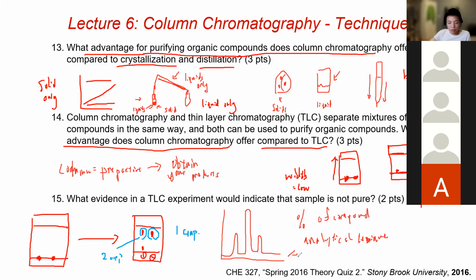Yeah, GC is quantitative. But column would be qualitative. Yes. Yep.